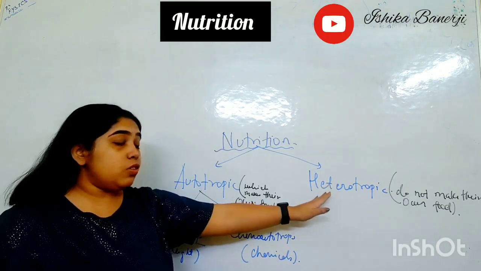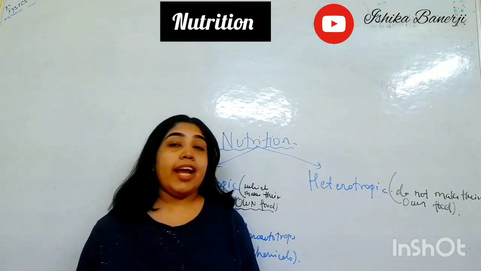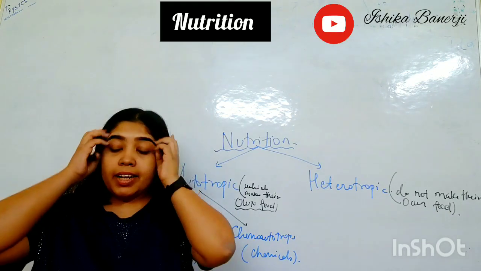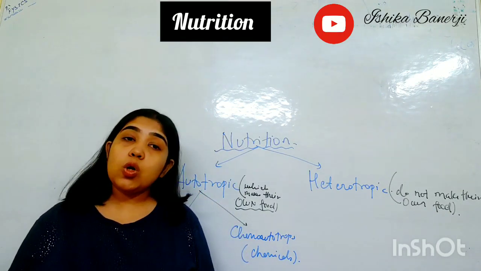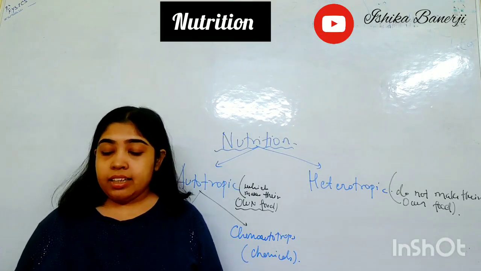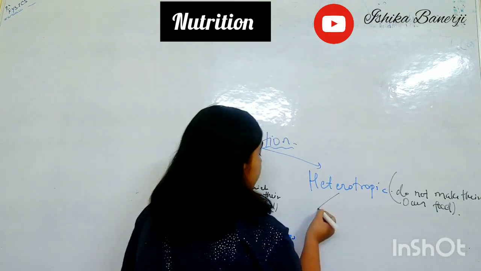Here we are going to divide the heterotrophs into further divisions. The divisions in which we will be dividing the heterotrophs are holozoic, parasites, insectivorous and symbiotic. Understand? So first, holozoic.